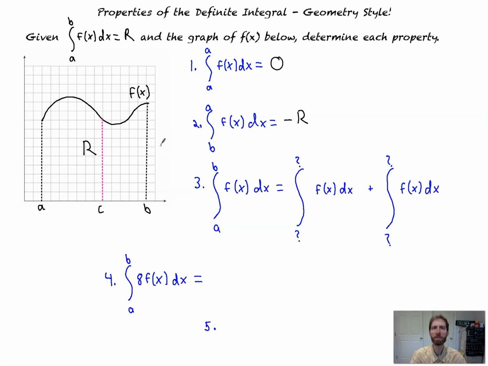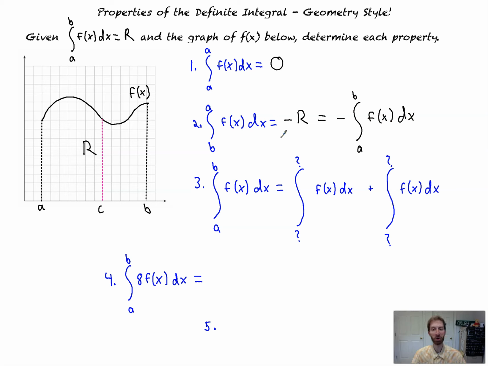Think of that as going backwards in time. So if we go up when we move forwards, then when we go backwards, we must move down, right? And that's the idea here, the opposite value. The other way of looking at that is you could say this is the same as the opposite of the integral from a to b of f of x dx, and that rule will come in handy.